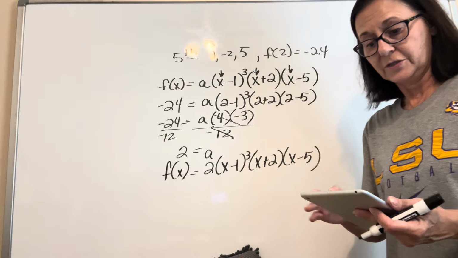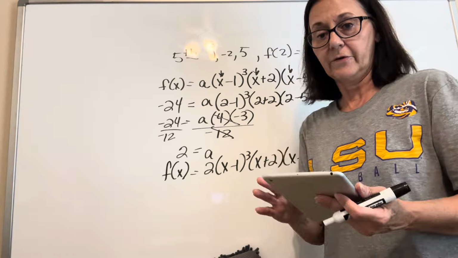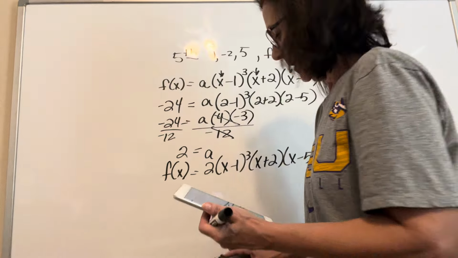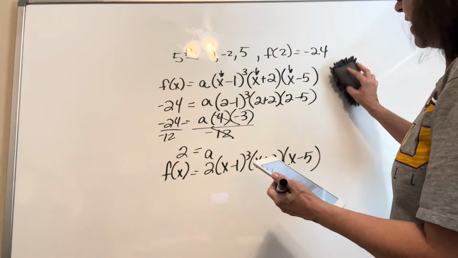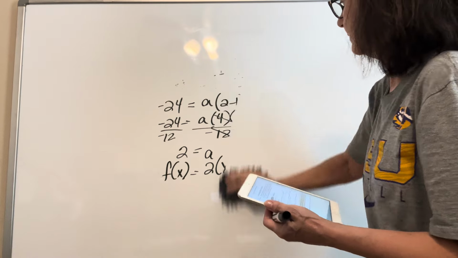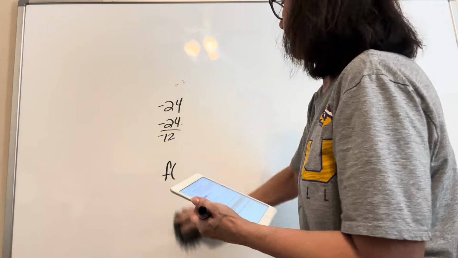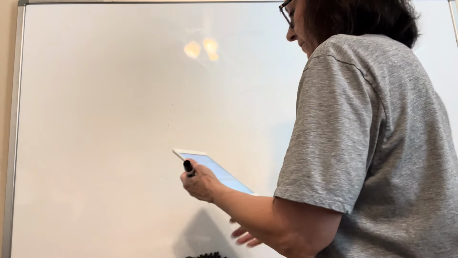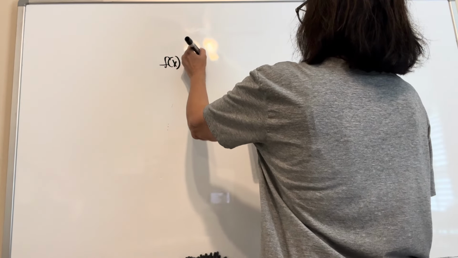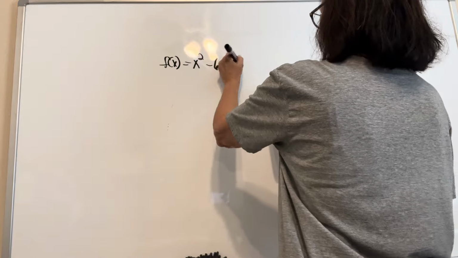Now, example 2 on page 309. It says find the zeros of this polynomial. f of x is x squared minus 6x plus 13.